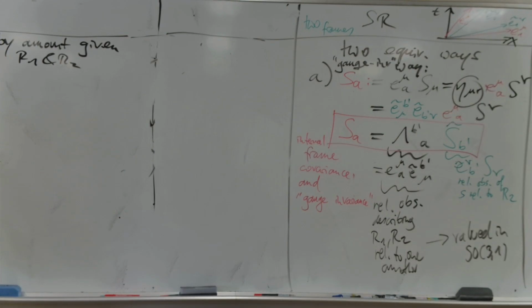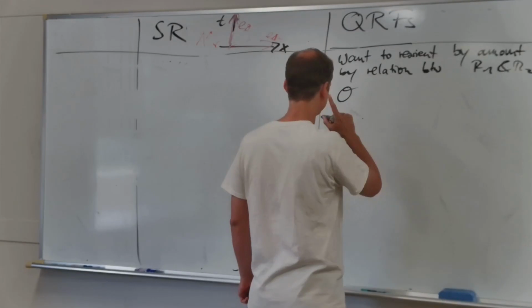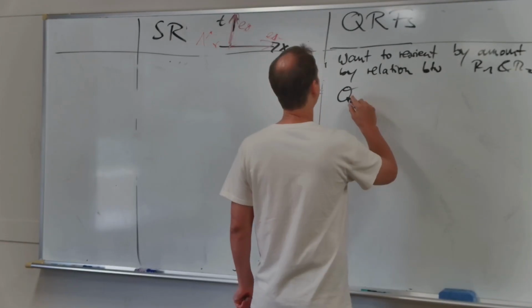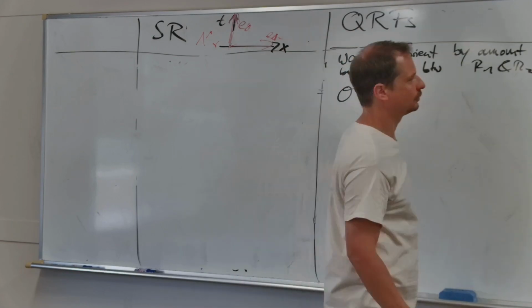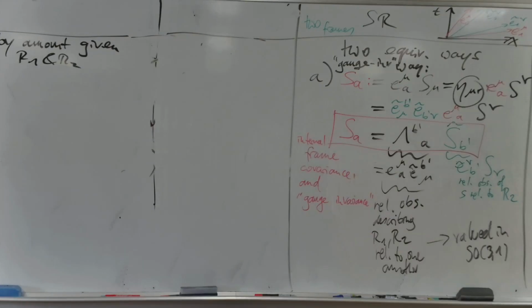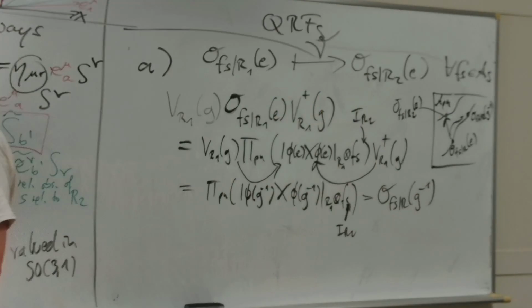And what we will be interested in is, for instance, the relational observable where I'm going to describe the second reference frame relative to the first.